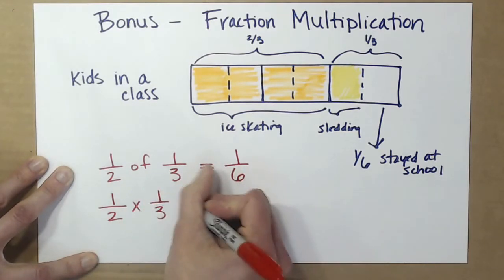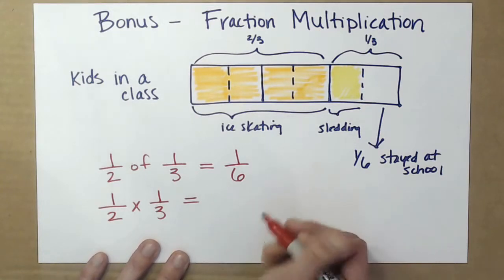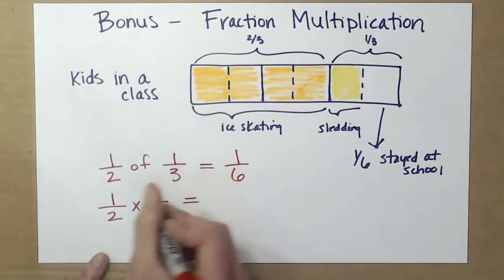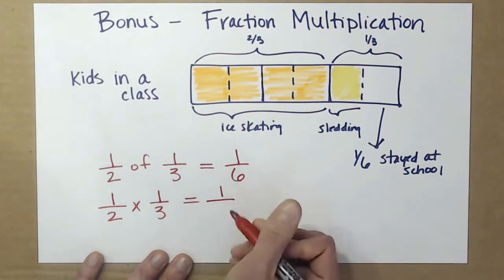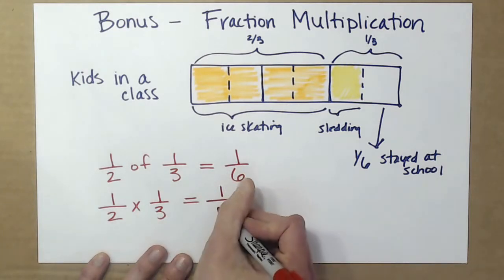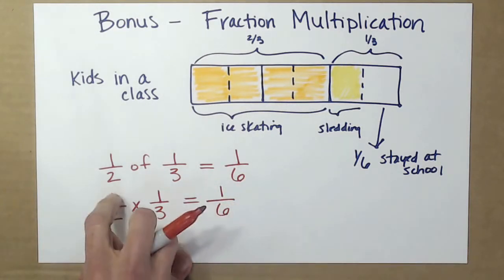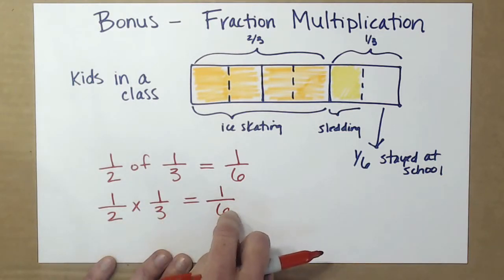That's fraction multiplication. And in fraction multiplication, the rule for multiplying fractions is that you take numerator times numerator to get the numerator of the product, and denominator times denominator to get the denominator of the product. So 1 times 1 is 1. 2 times 3 is 6.